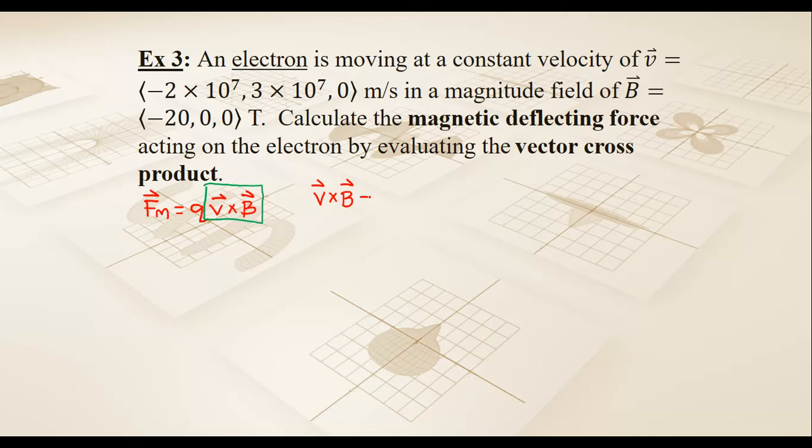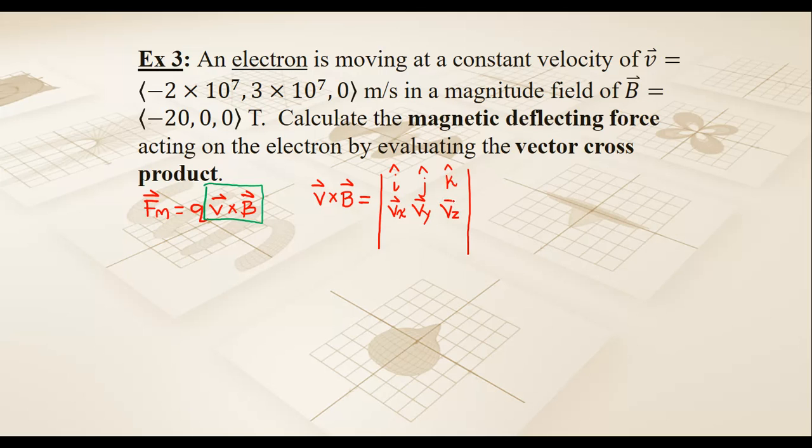Let's set up our 3 by 3 determinant. The top row of the 3 by 3 determinant would just be your special unit vectors: you'd have I, J, and K. The second row is going to represent the first vector, so this is going to be Vx, Vy, and Vz.